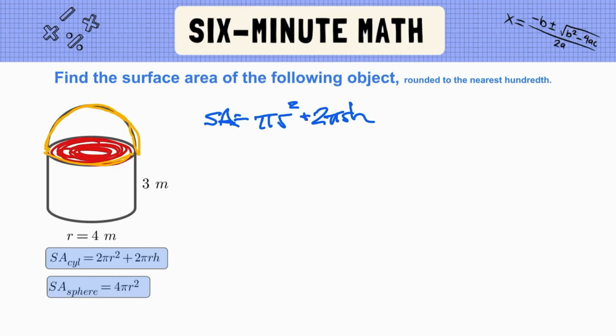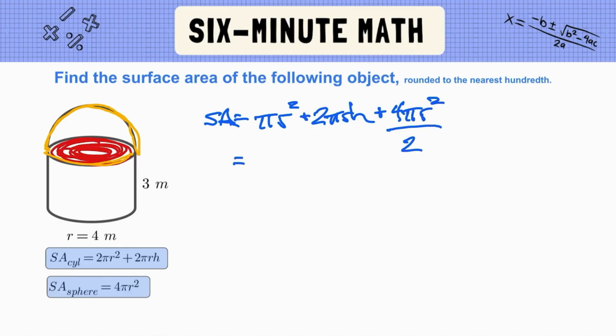So I'm going to take my sphere surface area formula of 4 pi r squared, and I'm going to divide that by 2. Now this formula is going to be the total surface area of my object. I have one of the circles, plus the lateral side of the cylinder, plus half of the sphere.